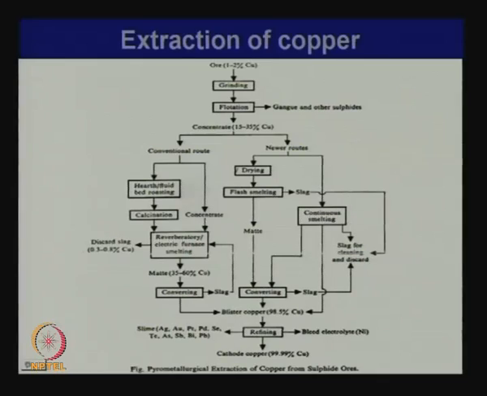Now, I mentioned that there is a beneficiation technique called flotation, which makes it possible to concentrate low grade copper ores to produce a concentrate that will have much higher concentrations of copper.